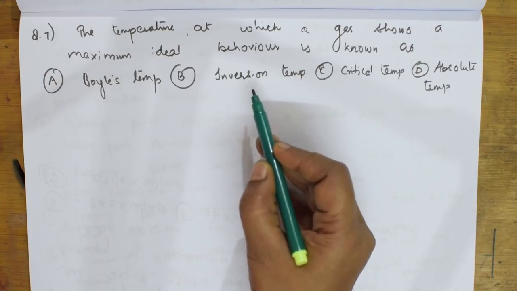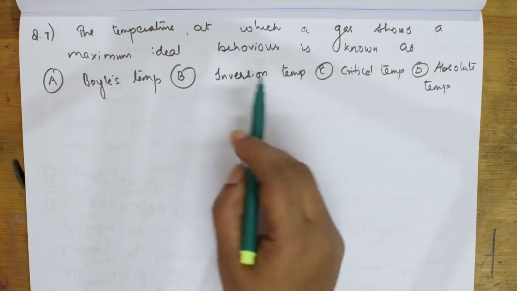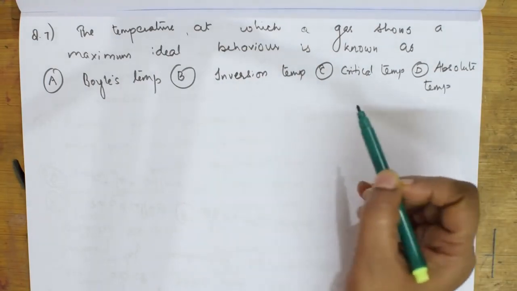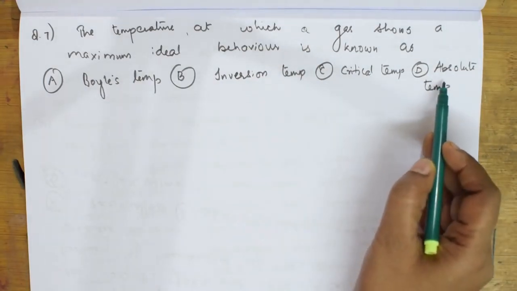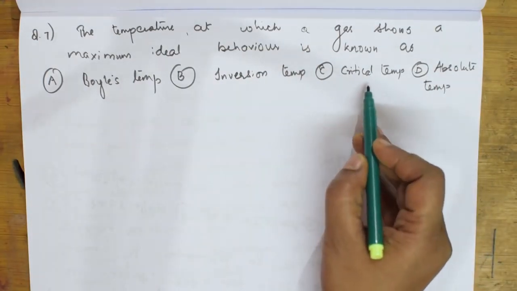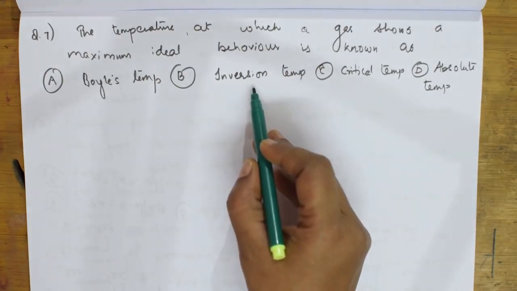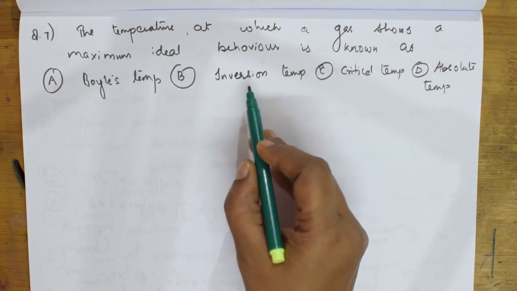Once again, inversion temperature is the temperature at which the Joule-Thomson effect for a given gas changes its sign. So we are not speaking about any of this in ideal behavior. Here, we are speaking about the temperature at absolute zero. Here, we are speaking about where the gas cannot be liquefied. Here, inversion temperature, where the gas is neither heated nor cooled.